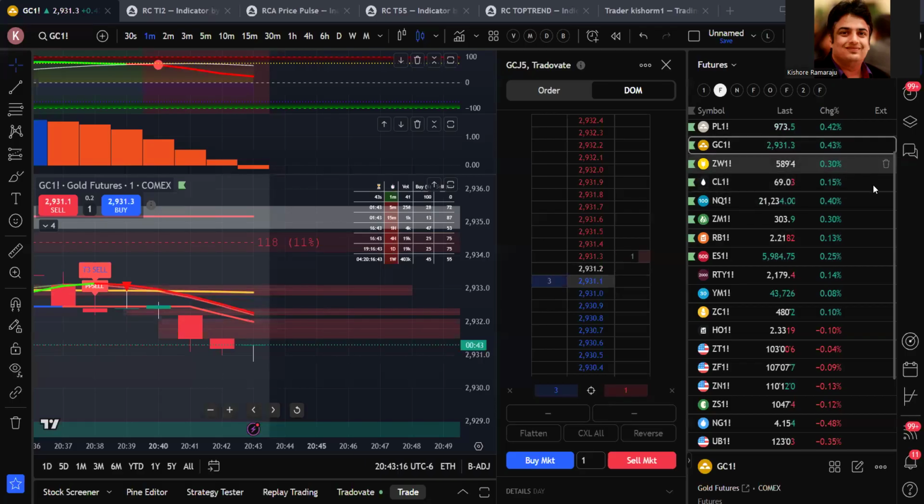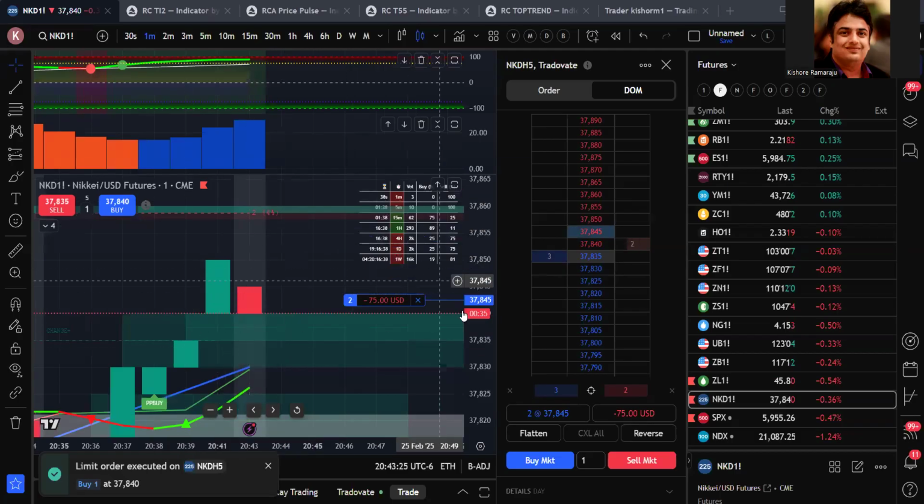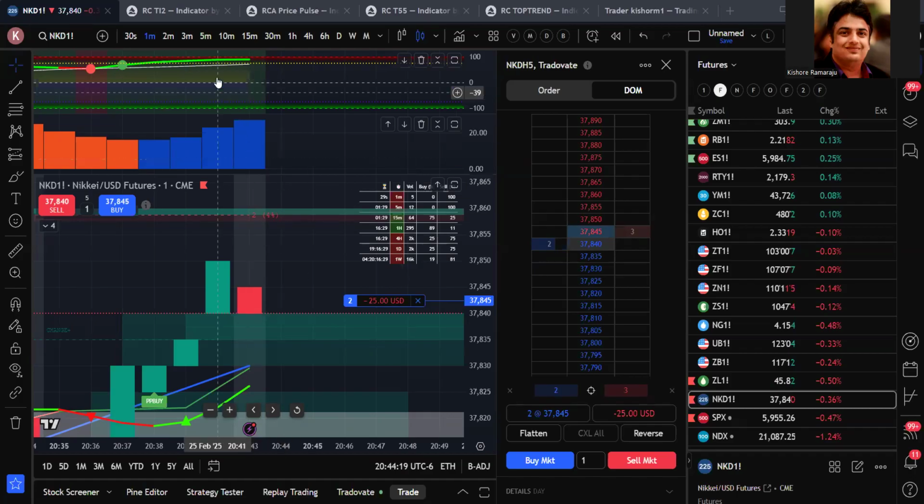We took a long on NKD again. So I bought 18840, 18845. The number of buyers are increasing for NKD.